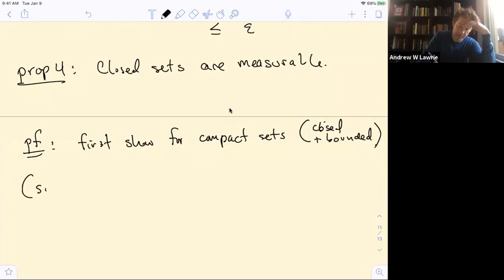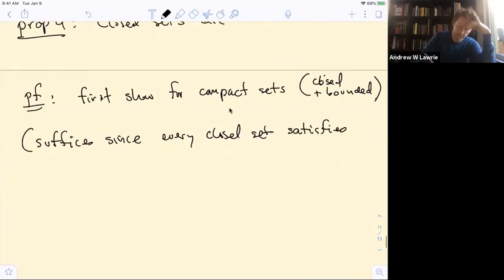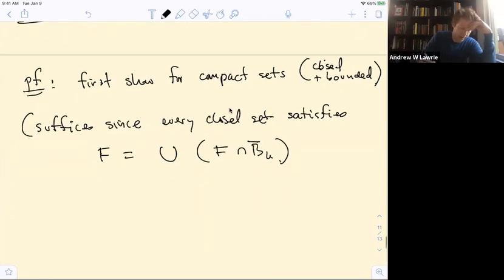And this suffices, since every closed set F is the union of all F intersect Bk, where Bk equals a closed ball of radius k.